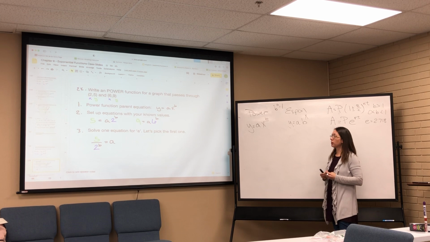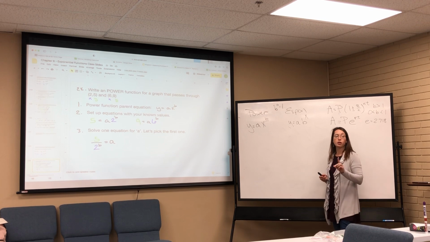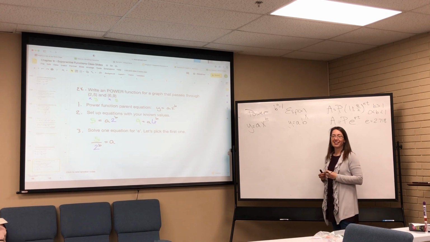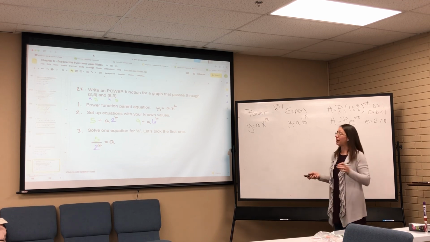Our equations? Okay. So again, we are going to solve one equation for one variable. It can be anything that you want, but if I'm solving, A is a lot easier to solve for right now. So it's okay to pick the easiest. Your answer will come out the same either way.